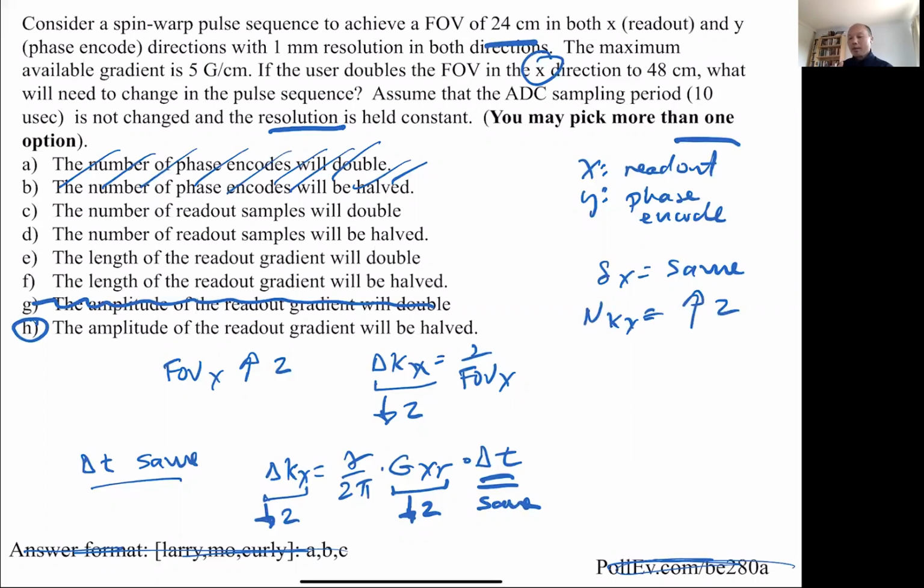That is, the number of x samples, the number of voxels, has gone up by a factor of 2. But the number of k-space samples has to equal the number of x samples, and so the number of readout samples should also be doubled.